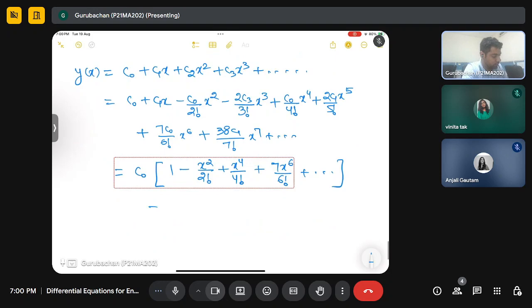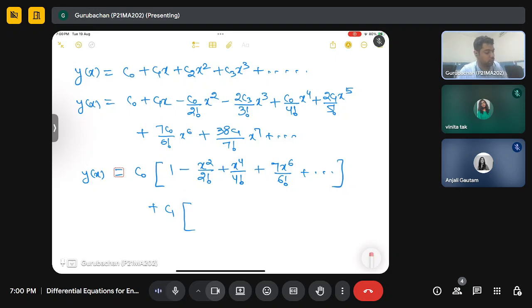And the other one, with C1, will be x minus 2x cubed divided by 3 factorial plus 2x to the power 5 by 5 factorial plus 38 x to the power 7 by 7 factorial.